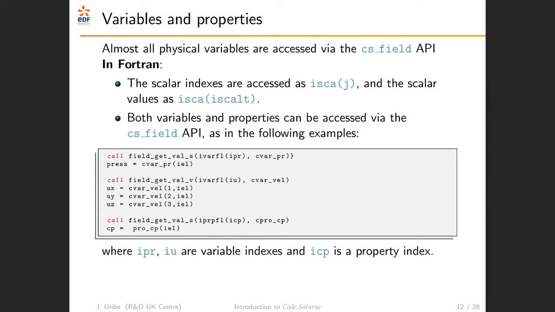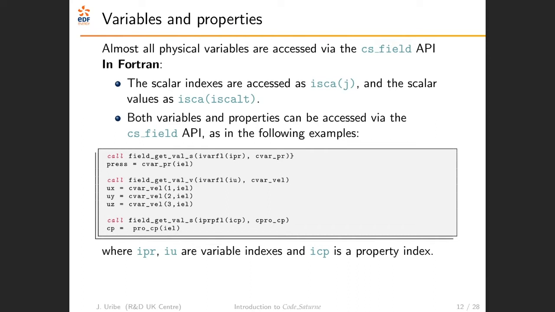In Code_Saturne, a field is more than just a variable. A variable will have certain properties that are more than just the value at the cell center of the temperature, or the pressure, or the velocity. It has things like what's the maximum number of iterations used by the linear solver for that particular variable, or what coefficients you have for the boundary conditions, or what sort of gradient reconstruction you're using for that particular variable.